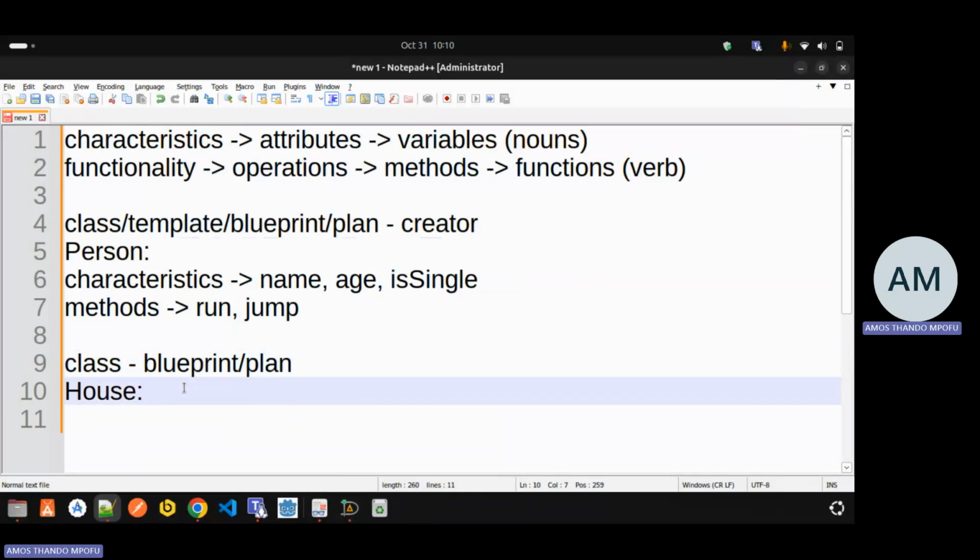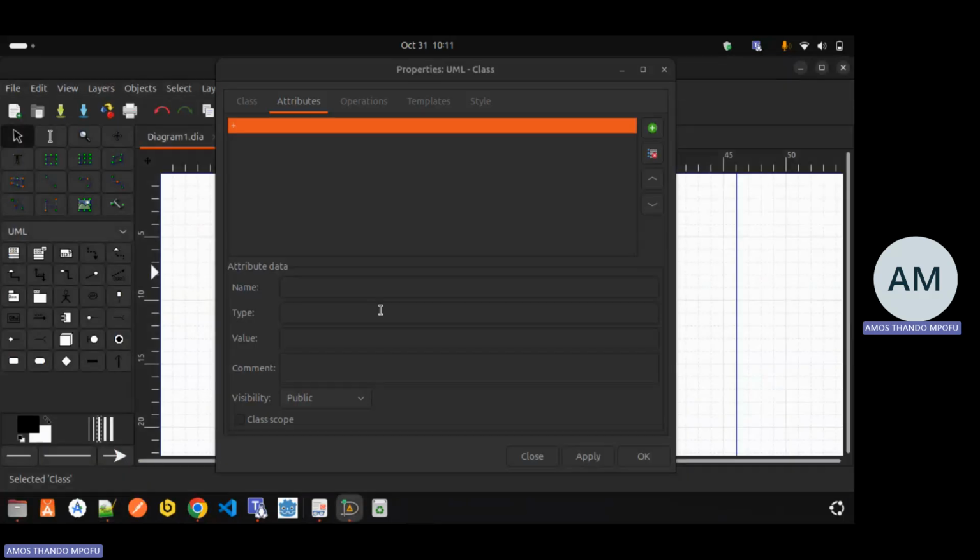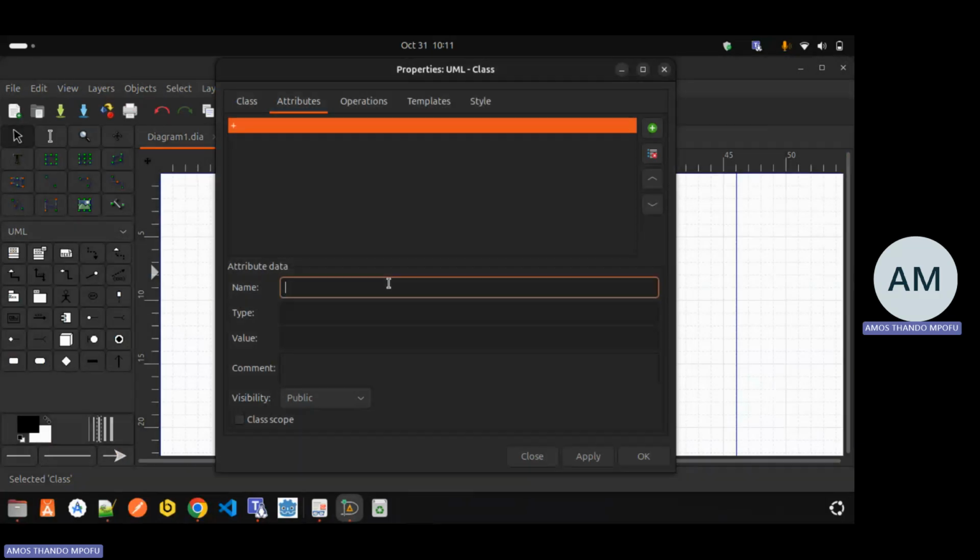Okay, all those plans, right? Remember, those plans are going to be part of a class. And then that class is going to have characteristics and methods. So that's pretty much what you are going to do here. So let's come up with the characteristics and methods. So for a car, I would like to know the model, right?